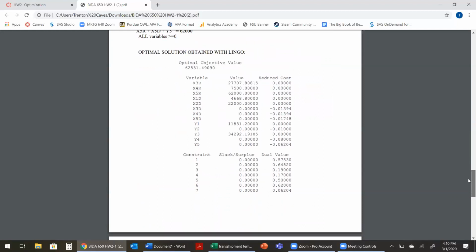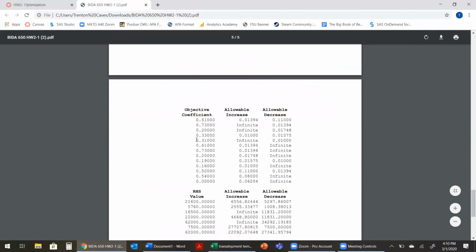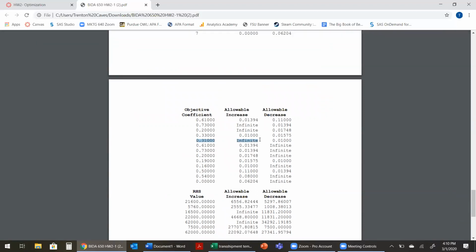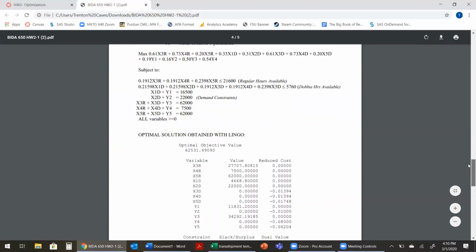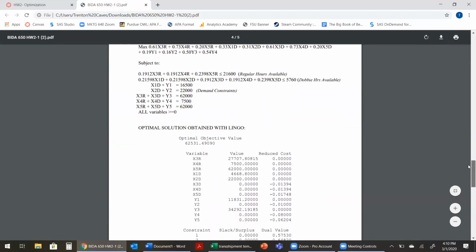So it's within our allowable increase. So that means our production schedule won't change, but then how much change in profit will we expect? So now we have to go back and look at how many units we produced and how much additional profit we're getting from those units.